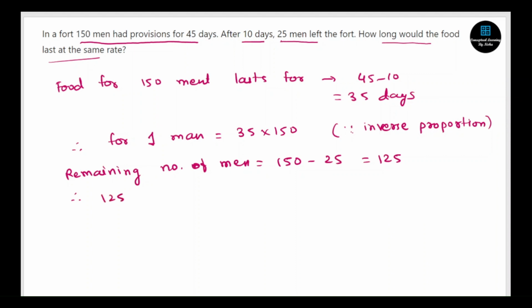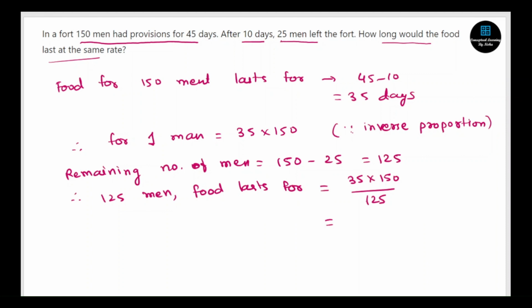So for 125 men, the food lasts for 35 times 150 over 125. Now when you solve this, you can cancel it out by 25.